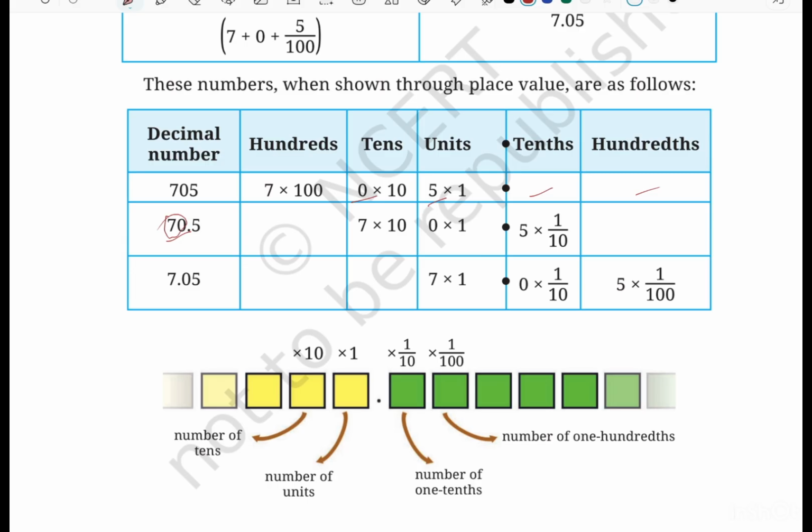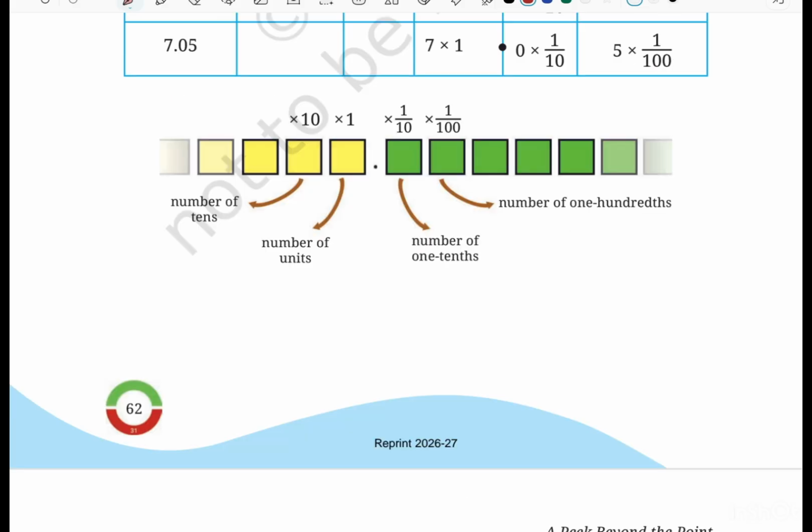So hundreds are 0, tens are 7 and ones are 0, and in the decimal part we can see that there is only one decimal digit here, 5 tenths. Here the decimal part is 0.05, so tenths are 0. So 0 multiplied by 1 by 10 is 0 tenths, and 5 multiplied by hundredths, we get 5 by 100. Writing a number.